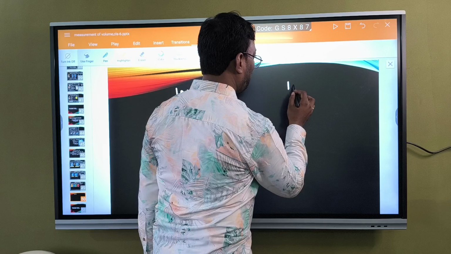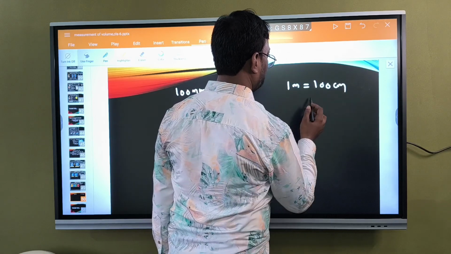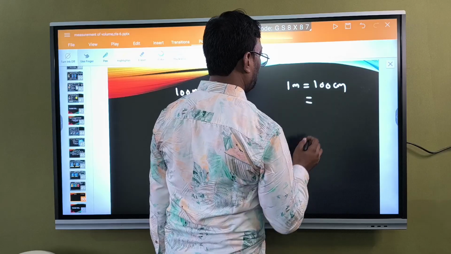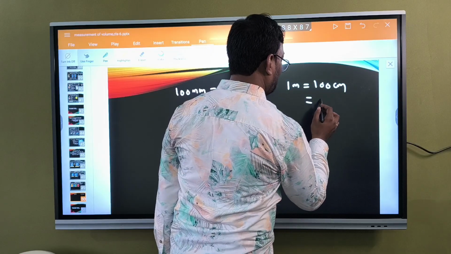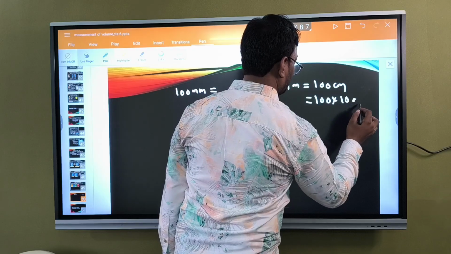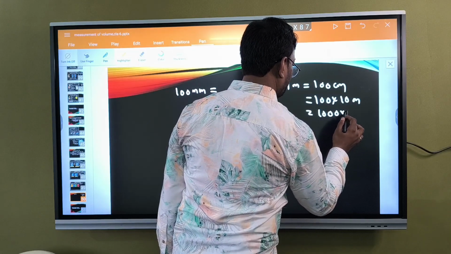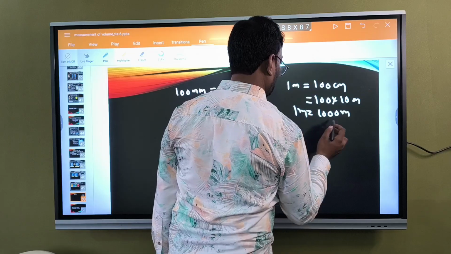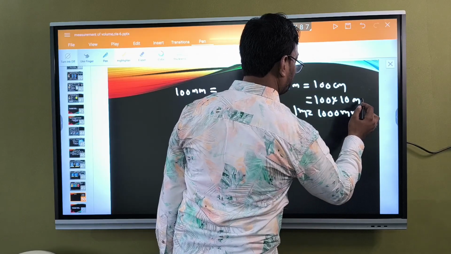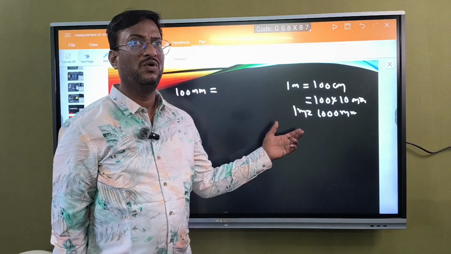actually 1 meter is equal to 100 centimeters, or 100 into 1 centimeter is equal to 10 millimeters, that is 1000 millimeters. 1 meter is equal to 1000 millimeters, right? 1000 millimeters is equal to 1 meter.